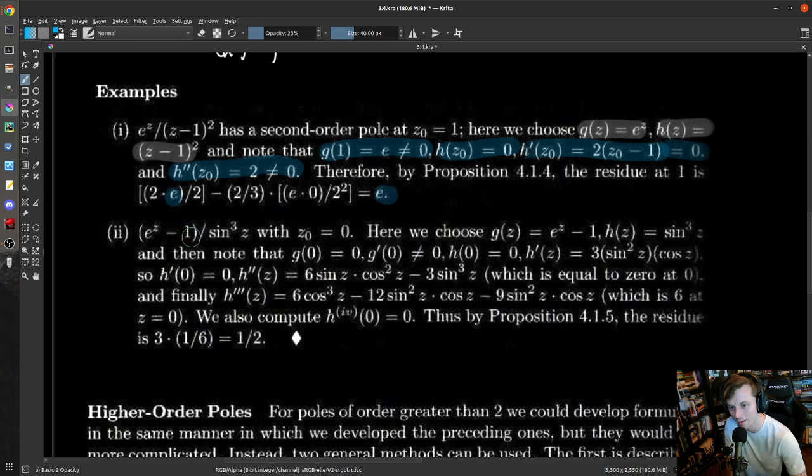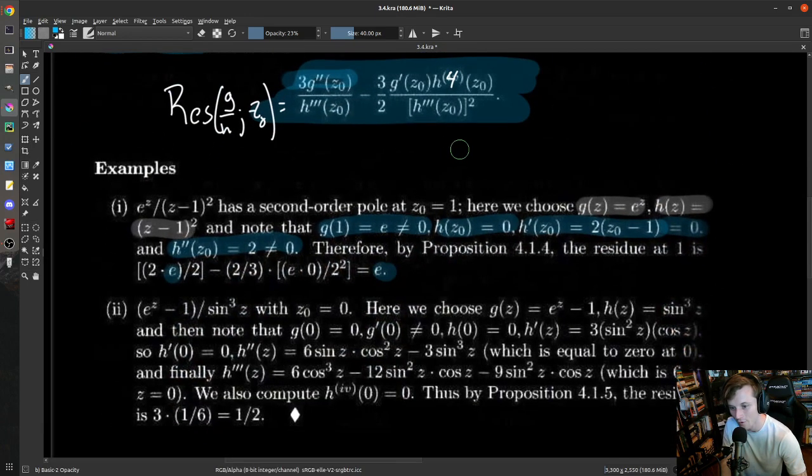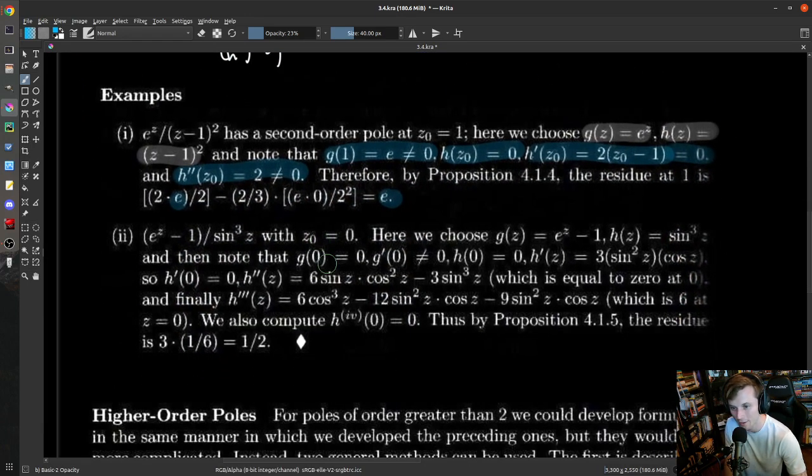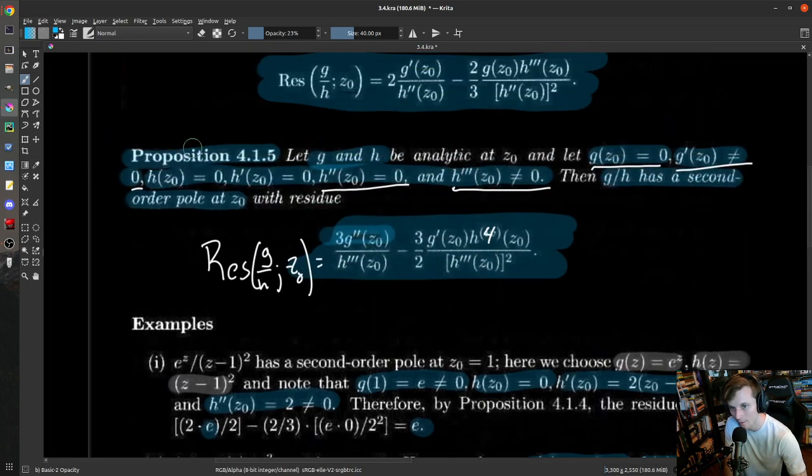We could do e to the z minus 1 divided by sine cubed z and apply the next formula, this whole business right here. If you are interested in that, we can confirm that if we take g to be e to the z minus 1 and h of z to be sine cubed z, then we have all of the nice conditions for proposition 4.1.5, right?